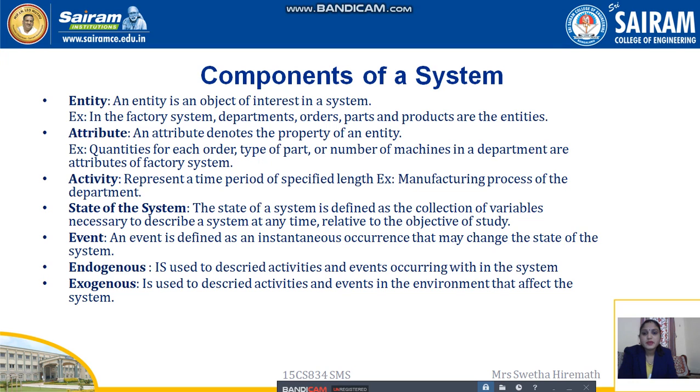All these will be noted down based on the collection of variables necessary to describe a system at any particular point of time. That is the state of a system.